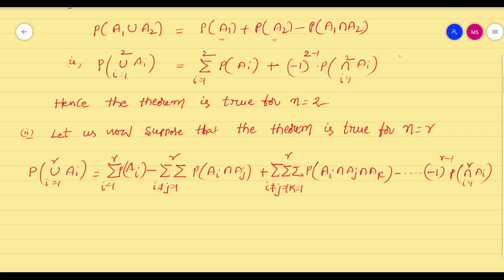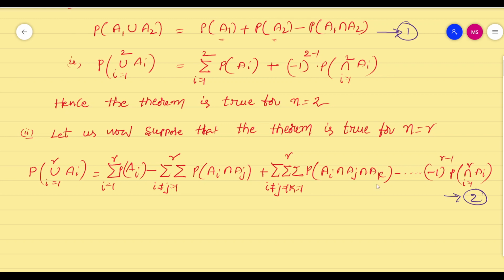This is equation number 1, and this is equation number 2.